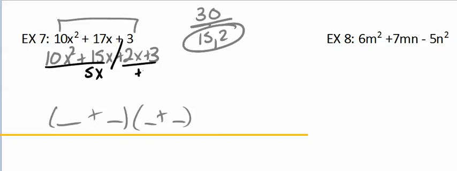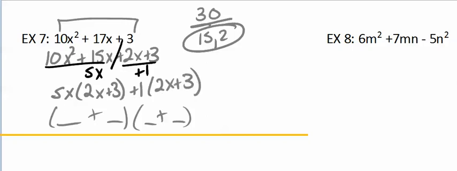Now there isn't one here, but you take out a 1, and then you regroup it. 5x times 2x plus 3, put the 1 in front, then get 2x plus 3, and then put them into the binomials. The 2x plus 3 goes into one, and the 5x plus 1 goes into the other.